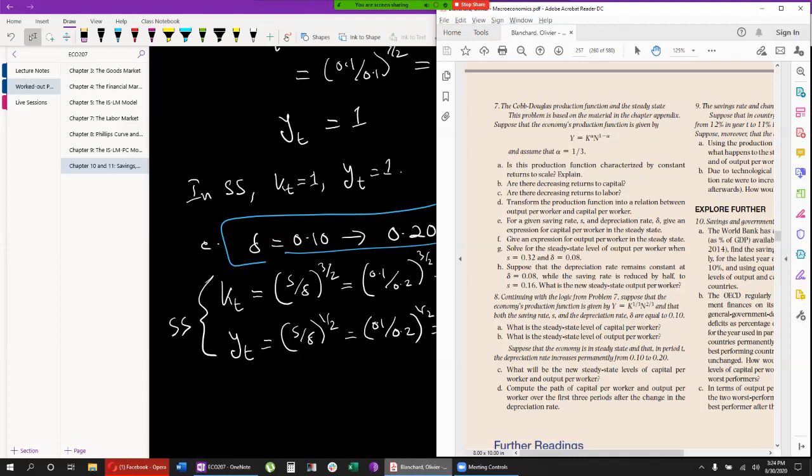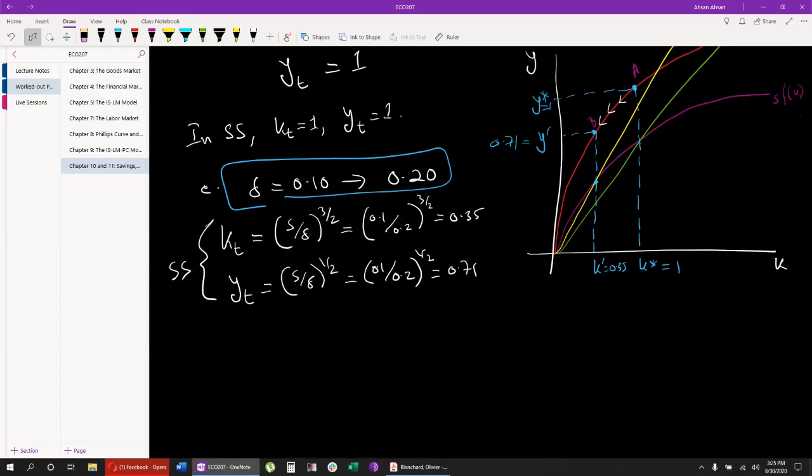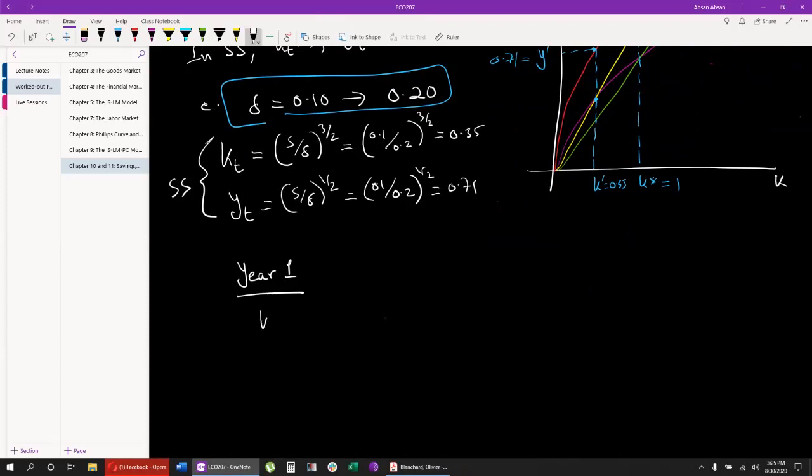Let's see what's the next question. We've done C. D is compute the path of capital per worker. So in year one, we have K_t1, Y_t1.